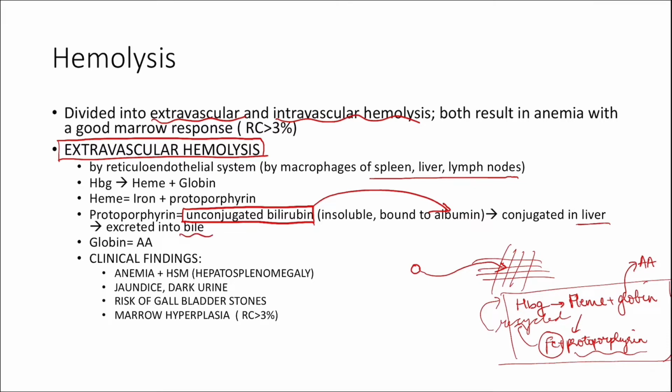So what can you find clinically? Obviously, when there's an increase in hemoglobin, there's an increase in heme, an increase in protoporphyrin, and an increase in iron. And the increase in protoporphyrin would mean that there is an increase in unconjugated bilirubin.